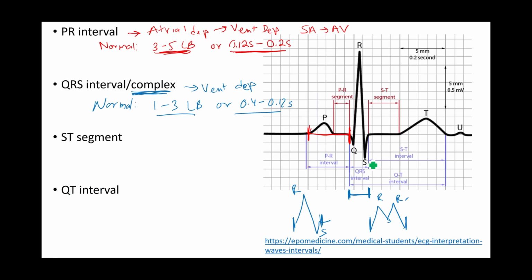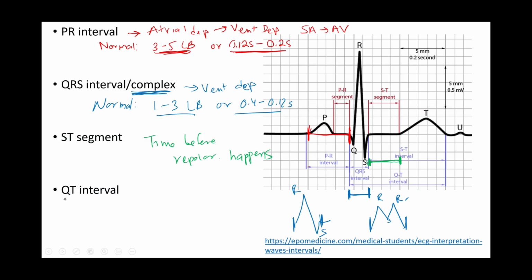The ST segment begins where the S is ending and ends where the T starts to come up. So between the S wave and the T wave, that's your ST segment. And remember, you want to keep an eye on it to see if it's elevated or depressed. This is the time before ventricular repolarization happens.